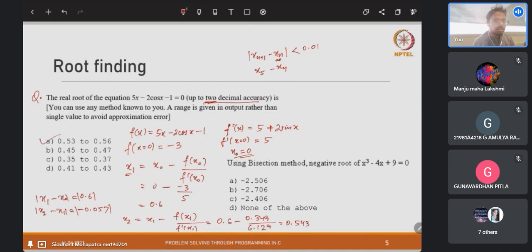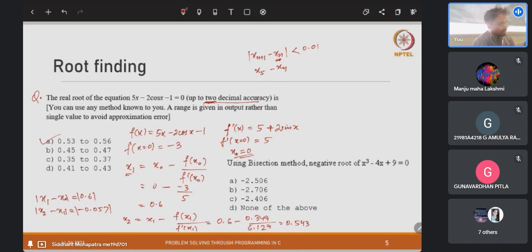Newton-Raphson converges to the root very fast, and if in subsequent iterations you are getting more or less a similar value, and you can see the range is 0.5 something while the other options don't match, that is the answer you can say without doing too many iterations here.